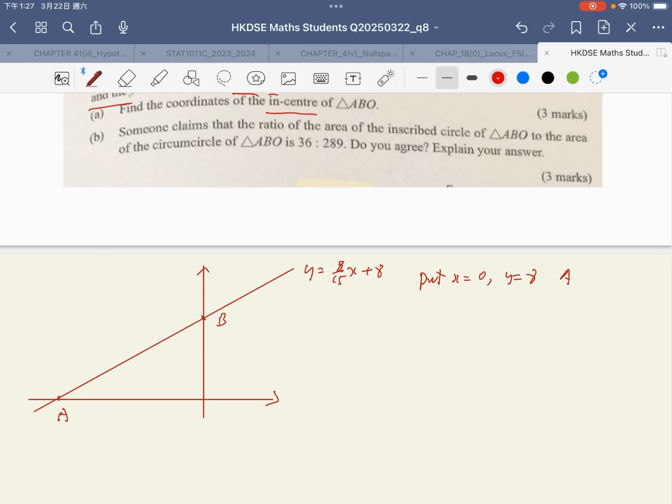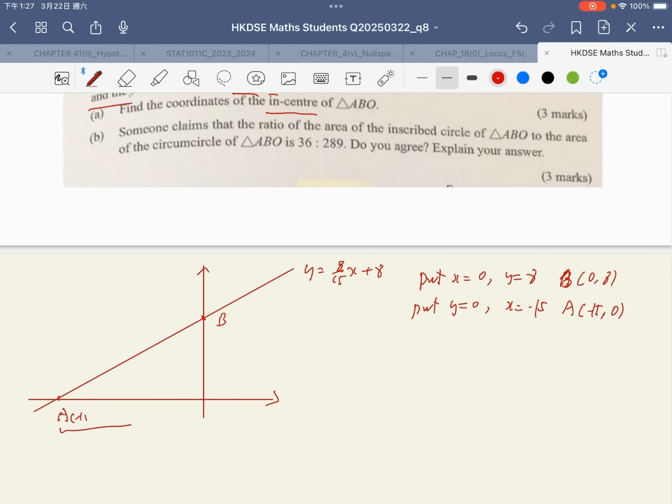Therefore, the coordinates of B is 0, comma 8, and put y equal to 0, then x equals negative 15. Then the coordinates of A is negative 15, comma 0.